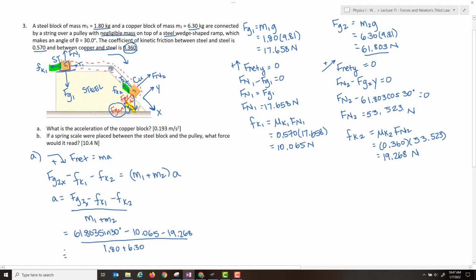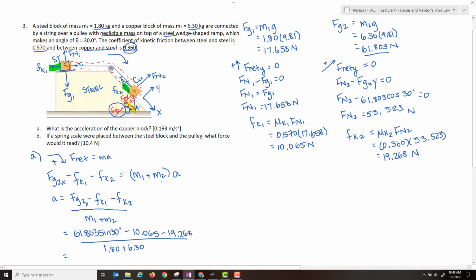So I'm going to type all of this on my calculator. 61.803 sine 30 minus 10.065 minus 19.268 over 1.8 plus 6.3.